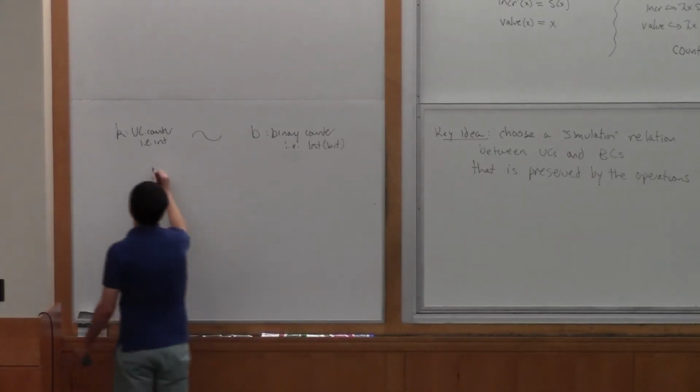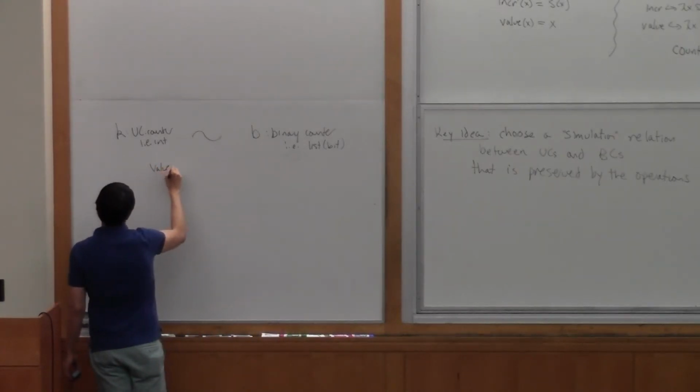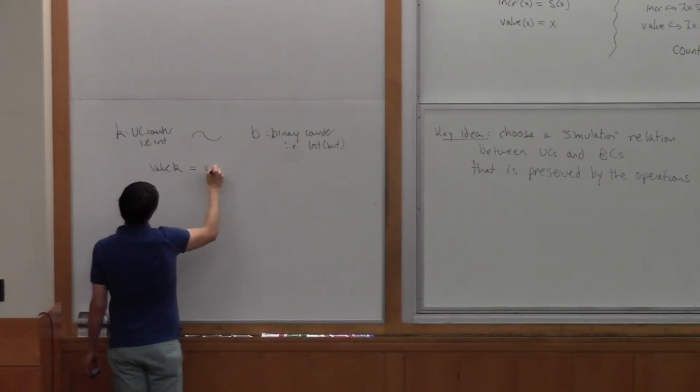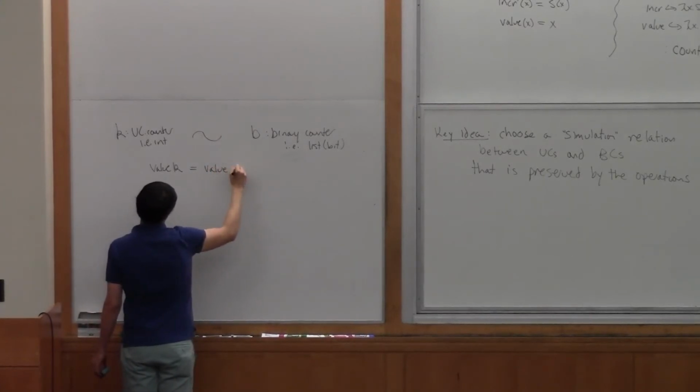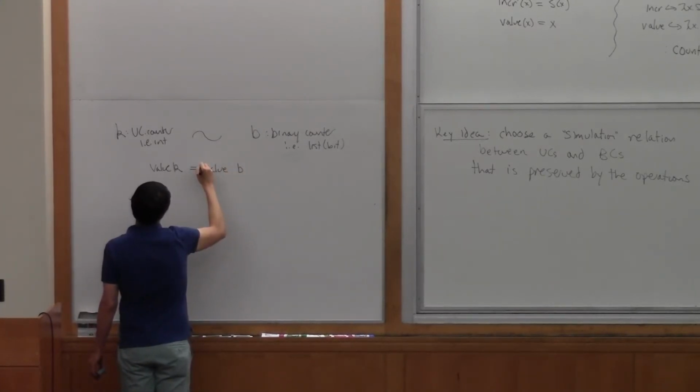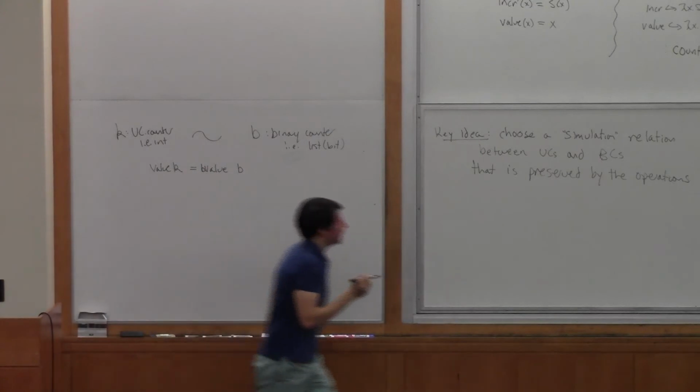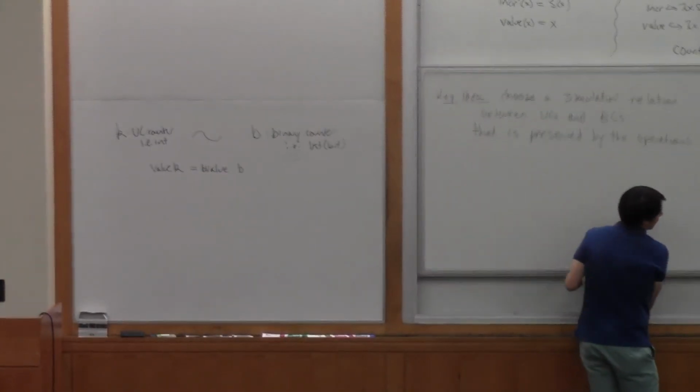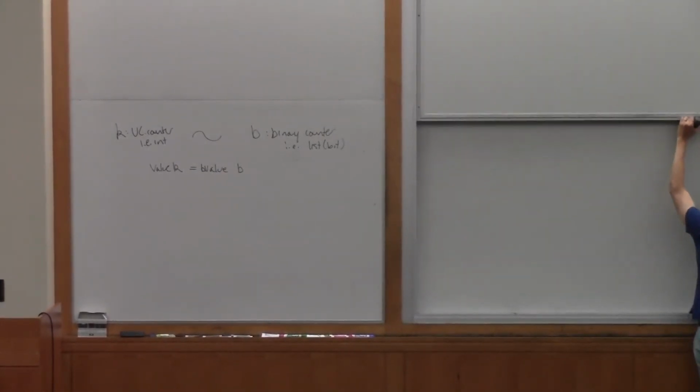Yeah, so we could say that the value of K is equal to the value of B, and I'll write, I guess, B value or something there.